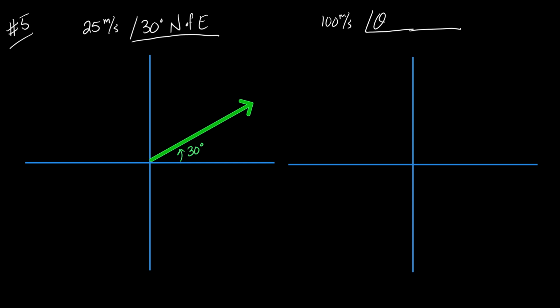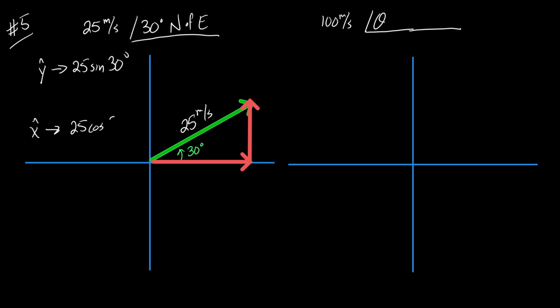But either way, in this problem, I can break the wind up into its two components by placing a triangle around the angle and using that triangle to figure out the two components. If this is 25 meters per second, then the y component will be 25 sine 30 degrees, and the x component will be 25 cosine 30 degrees.